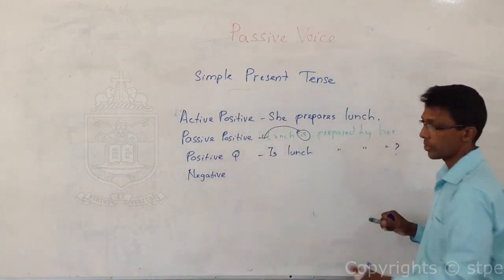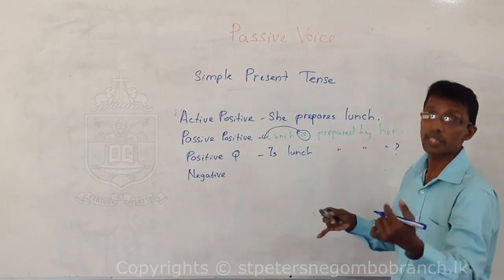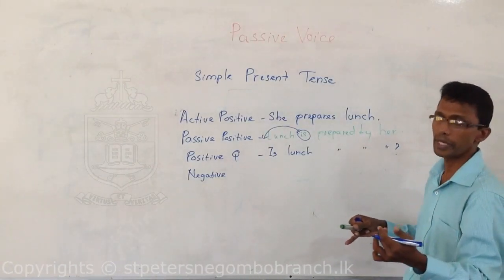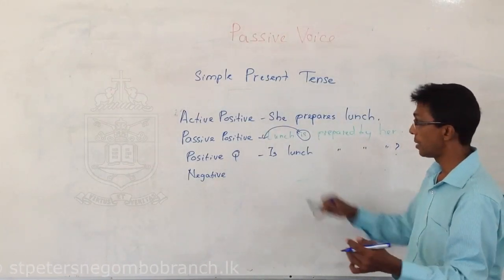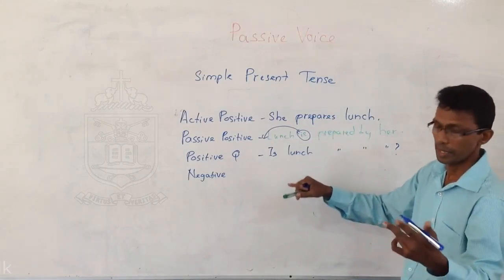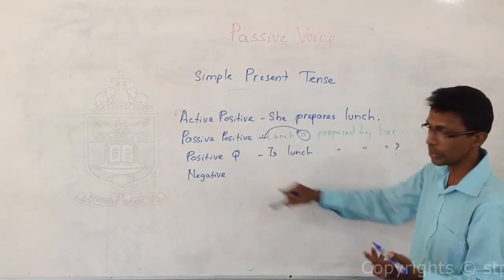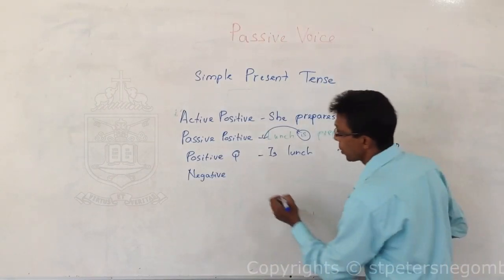Now this is passive voice, right? And negative means we are going to say that she is not preparing lunch, right? So these things are happening generally. Generally she does not prepare lunch. This is what we are going to write here in passive voice.